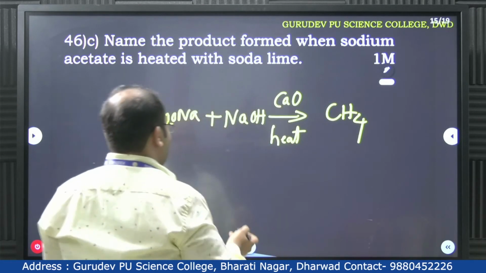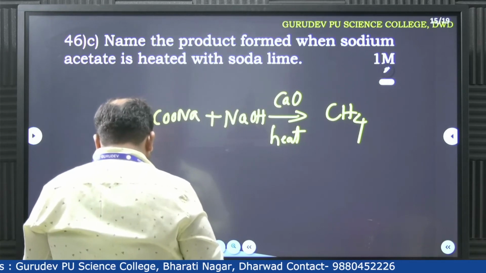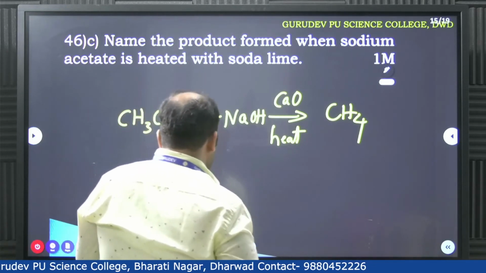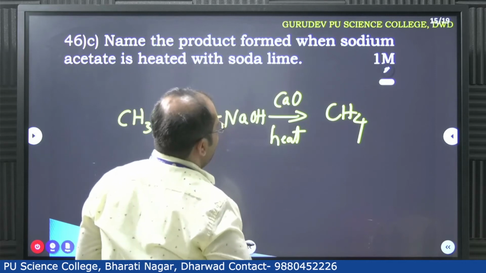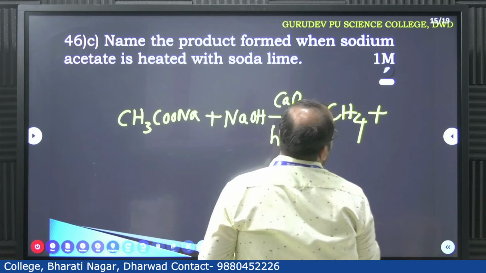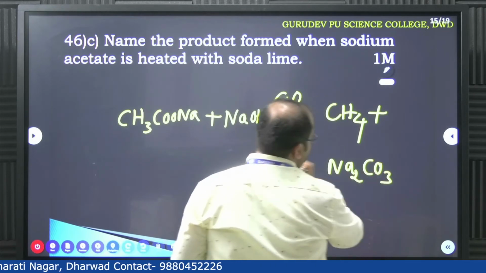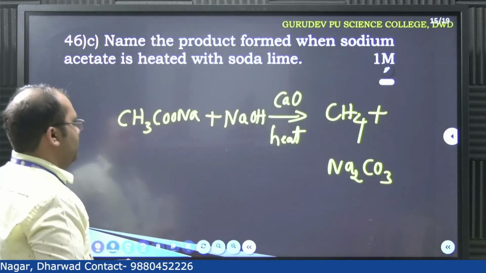So when sodium acetate is heated with soda lime, that is sodium hydroxide and lime, which is calcium oxide, the product formed is methane, and the remaining sodium carbonate is the byproduct.